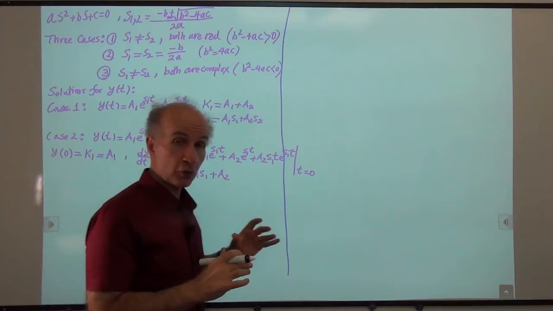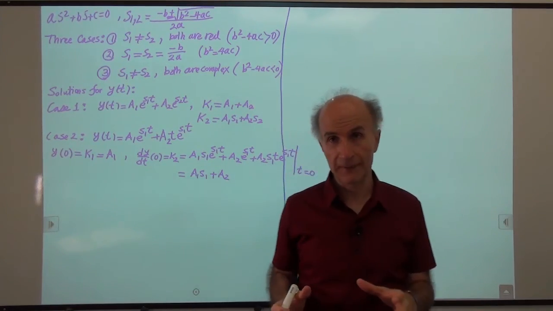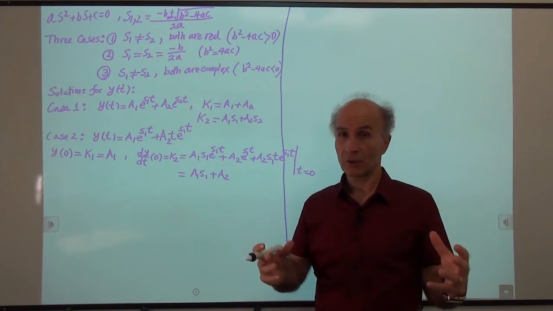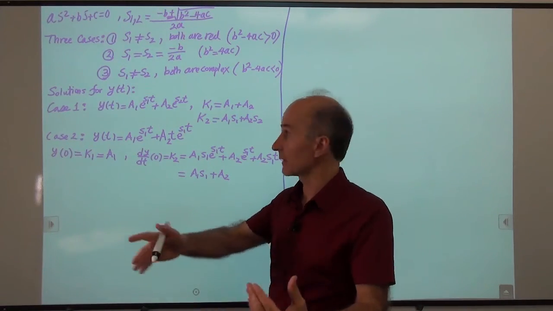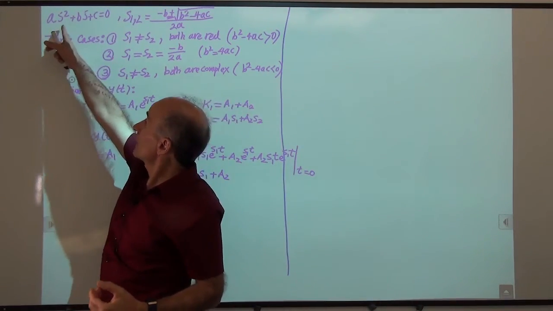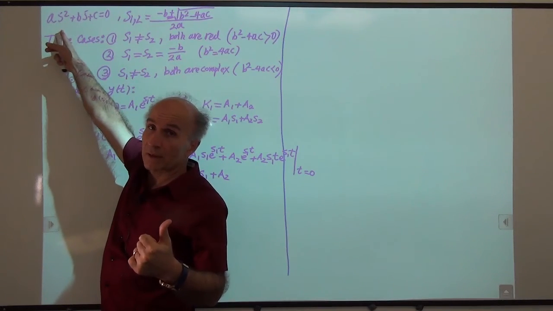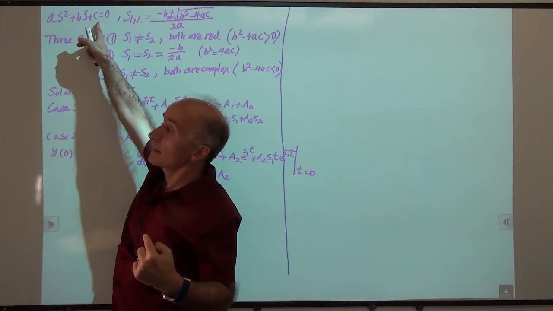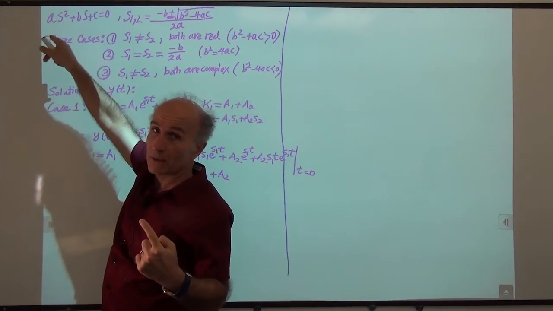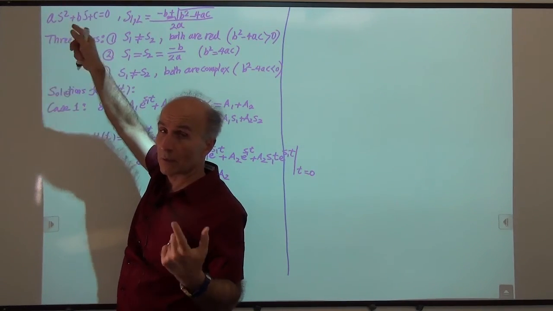So again, just to make sure we're not missing the forest because of the trees. We have a differential equation. We wrote the characteristic equation directly from it. It's pretty simple, right? You just said second derivative translates to s squared, first derivative translates to s, and the function itself translates to a constant. So we have a s squared plus b s plus c equals 0.